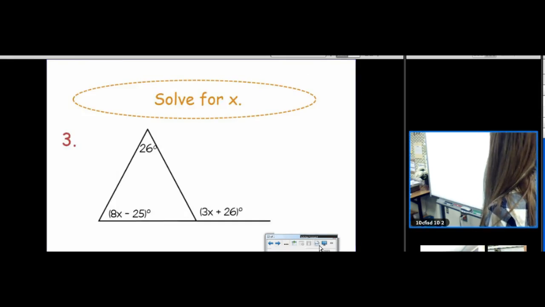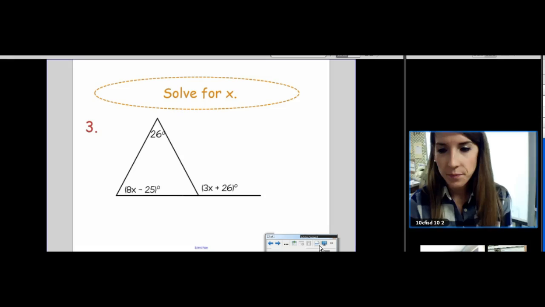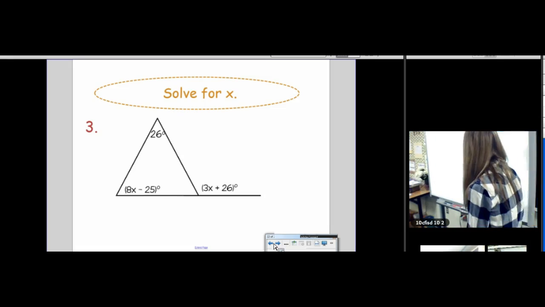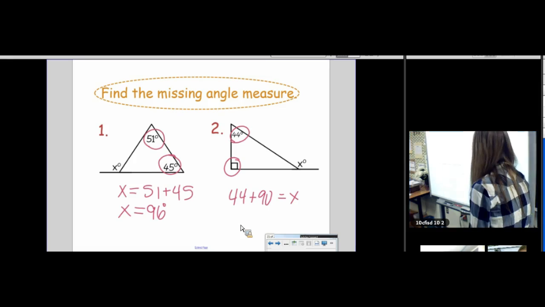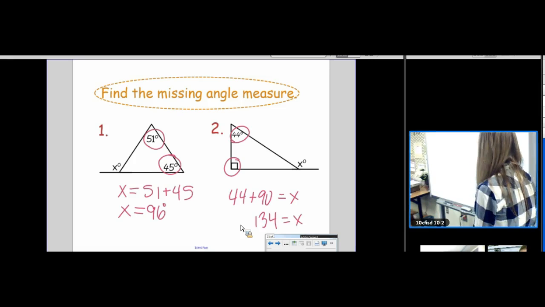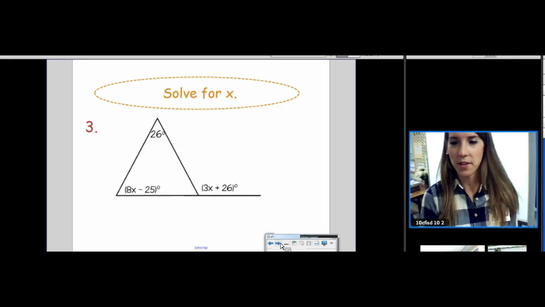All right, I will give you a minute to solve this one, throwing some algebra in there. Thank you for correcting me. Way to go. 134. Doing things too quickly. Good eye. All right, number 3.